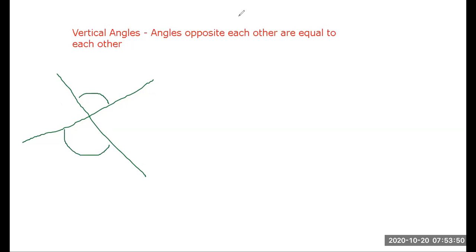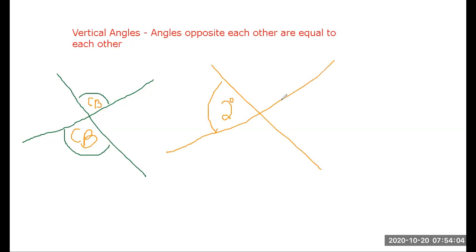So if this angle right here is a cheeseburger, this angle right here is a cheeseburger. Let's do another one. If this angle right here is 2 degrees, the angle opposite it's also 2 degrees. That's what we call vertical angles.